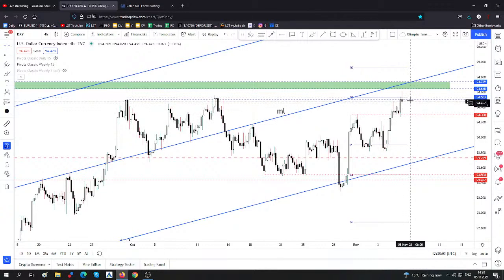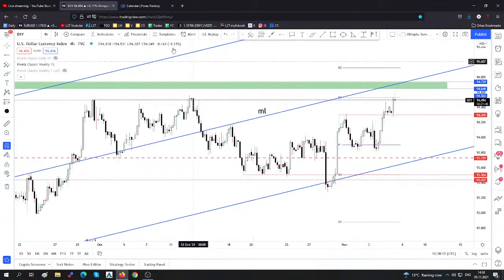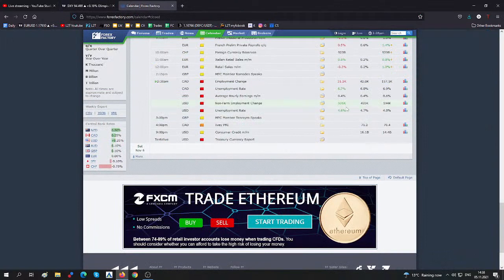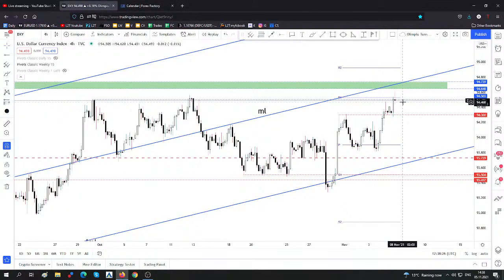So something like a pin bar, a false breakout with great separation, test, retest, or a bearish pattern here could signal a potential drop. But let's wait, guys, because better than expected non-farm payrolls, unemployment rate, and average hourly earnings in line with expectations could still force the dollar index to increase despite temporary declines, despite temporary drops.